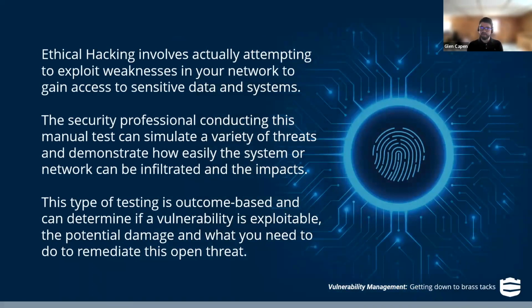And really the goal there is to demonstrate how easily the system or network can be accessed, and the impacts that it might have. The type of testing is outcome based. Basically determine whether or not a vulnerability is exploitable, the potential damage that could arise from that, and what you can do to prevent an actual hacker from having access to those same things.